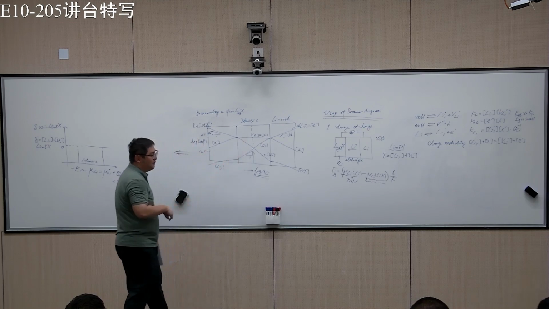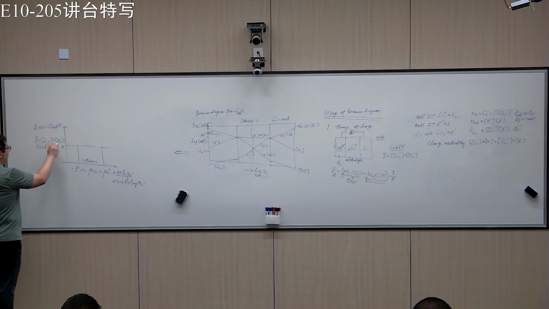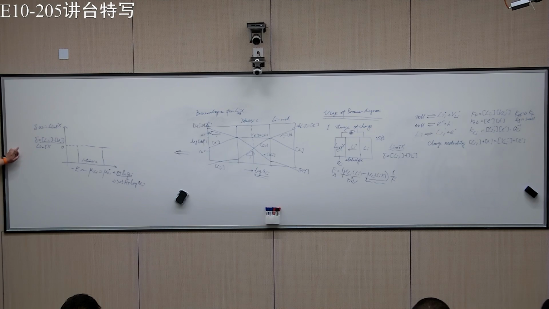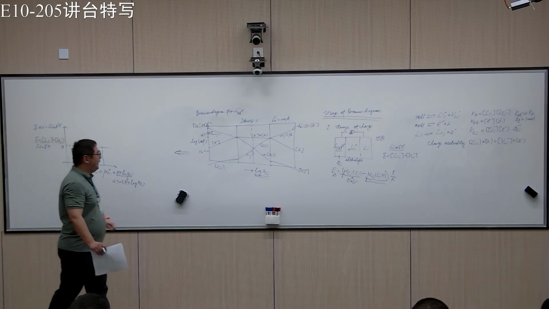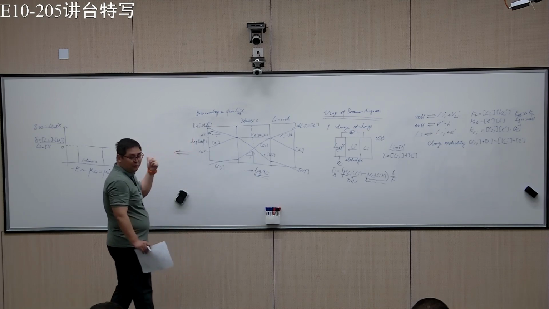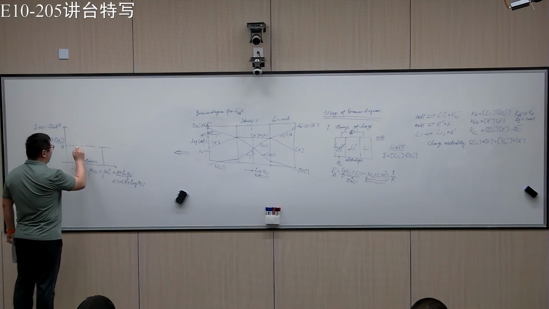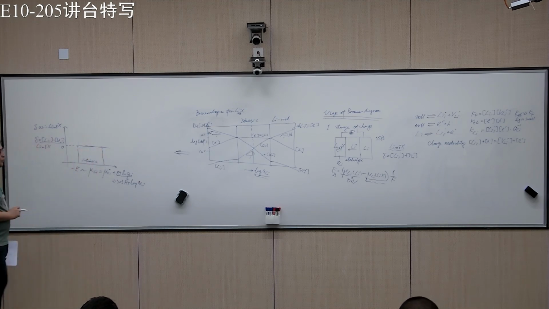So in this case, the y-axis is not logarithmic anymore. It's basically linear, so you convert the y-axis from the logarithm to just linear scale. For the intrinsic regime, essentially you have no complexity at all.